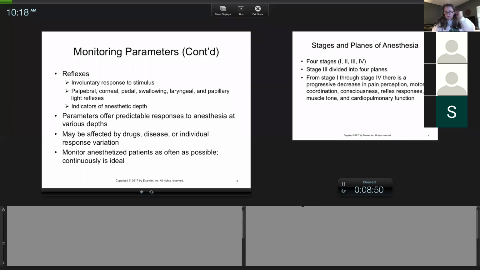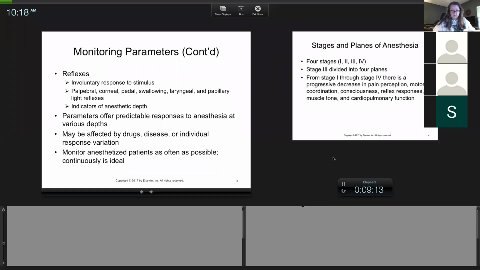But I'm constantly looking at my vitals and my reflexes. Your goal is to always run the smallest amount of anesthetic possible to your patient, where you're still able to perform the surgery. So you're constantly using these reflexes to balance, can I turn them down? I'll give you an example.